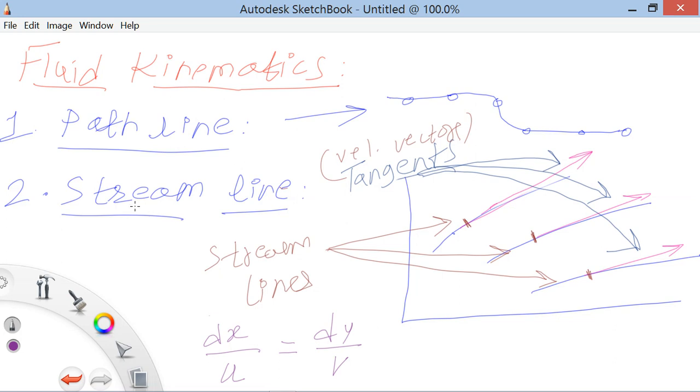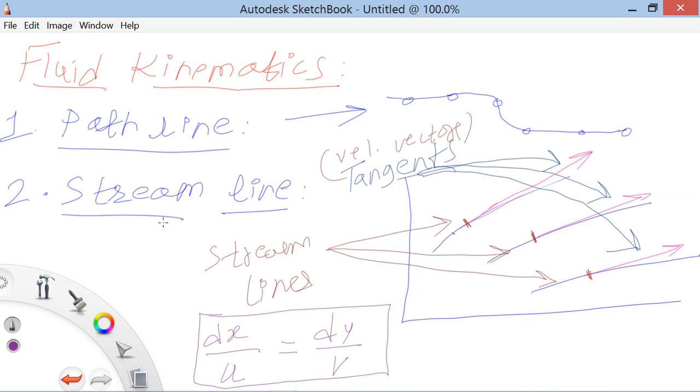Now from where has this equation come? As you know, these are the streamlines in two dimensions. The velocity will have x and y components.